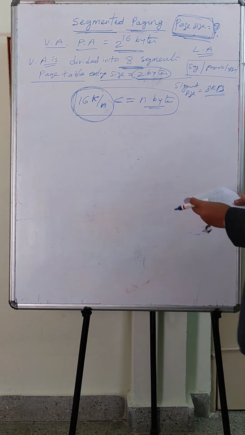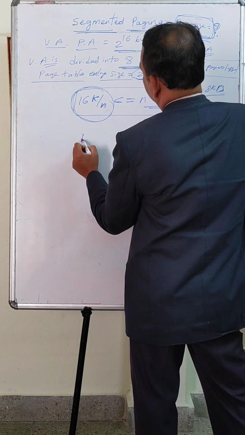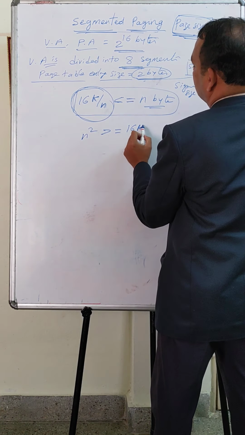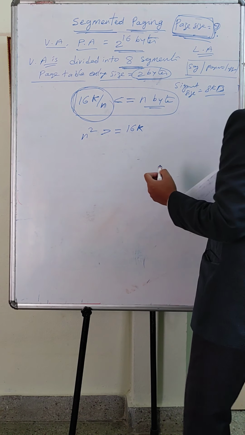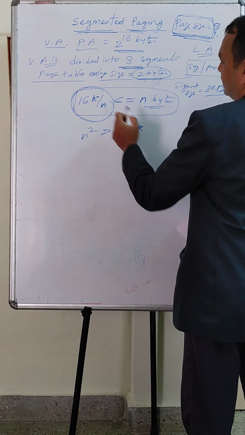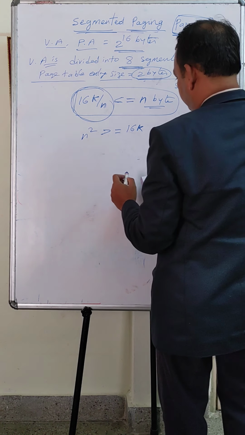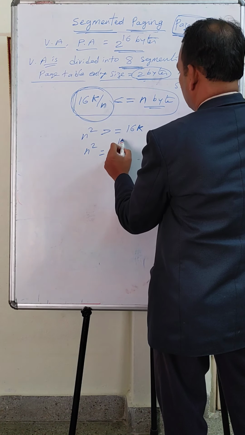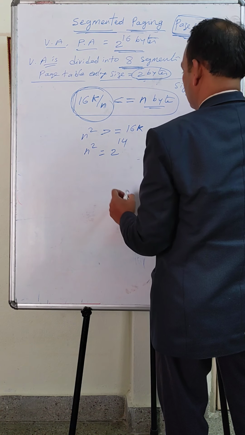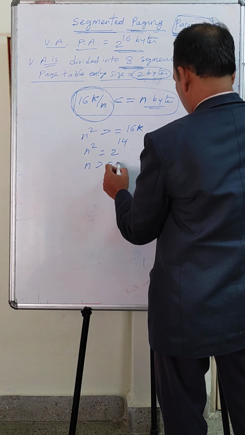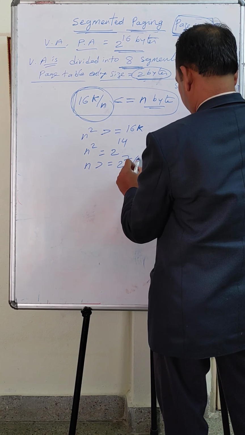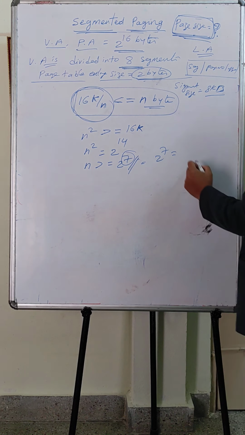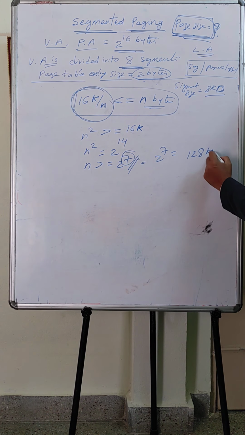This is nothing but n square greater than or equal to 16K. Mathematically, n square is always greater than or equal to 16K. Now n square is equal to 2 power 14, where n is greater than or equal to 2 power 7. Now we got 2 power 7, which means 128 bytes.